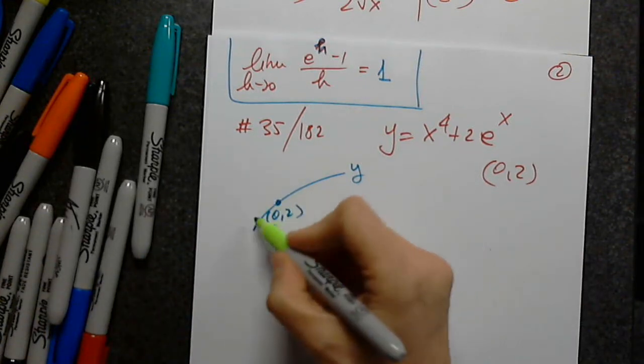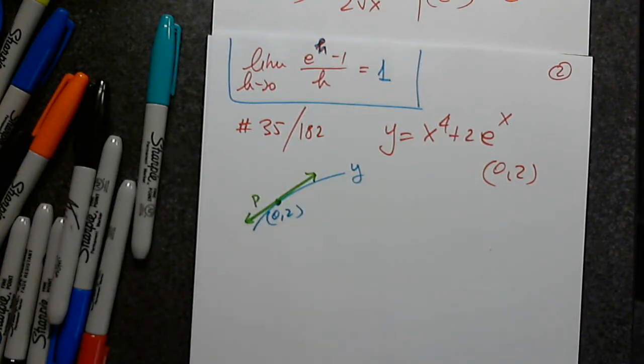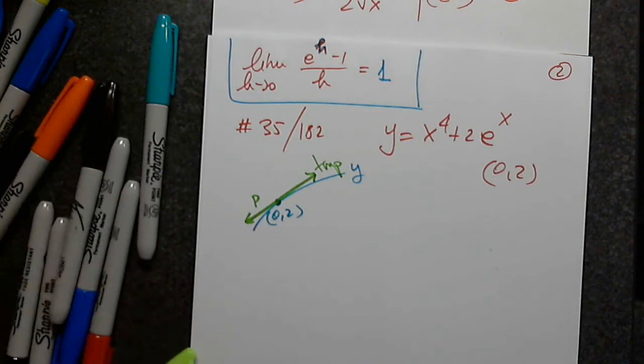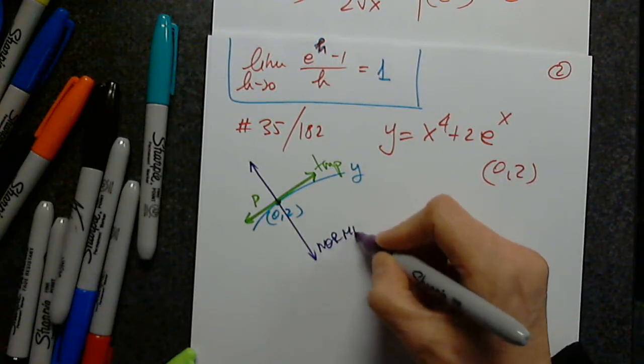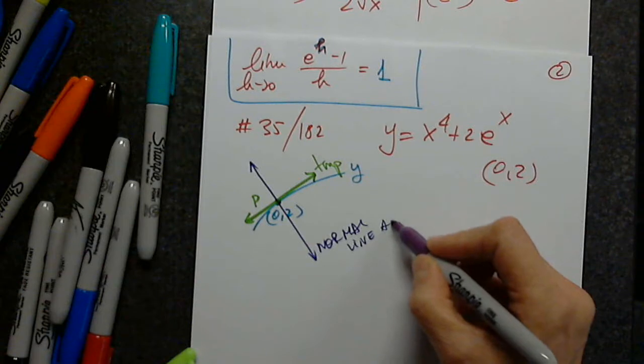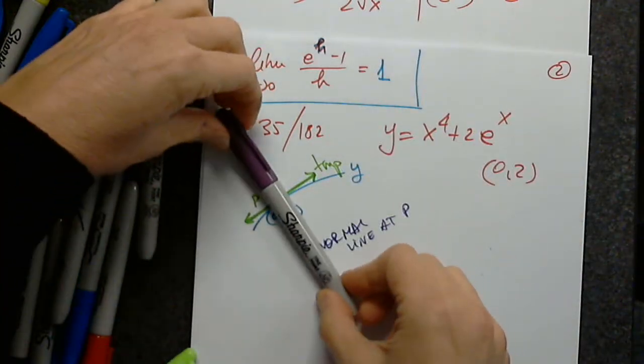I'm asked to determine the equation of the tangent line at this point, P. So this is the tangent at P. But I'm also asked to determine the equation of the normal line at P. The normal line is the line that is perpendicular to the graph of this function at the point of intersection of the tangent and the graph. So I'm asked to determine the equation of this line, and of this line.